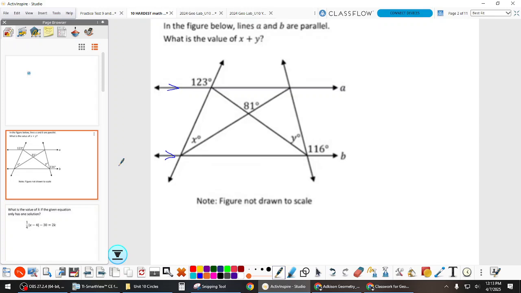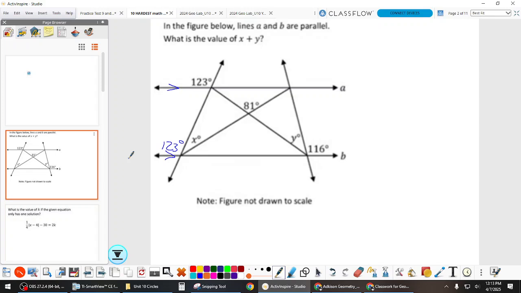Where is that? Here? Okay, remember corresponding angles? If I took this line and slid it up there, it would perfectly match the other 123. So it can go there. Where else? Let's just talk about all the places we can copy that angle.